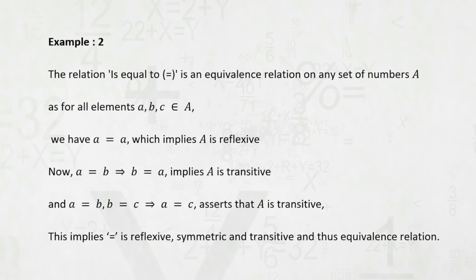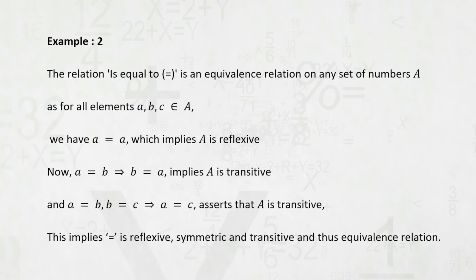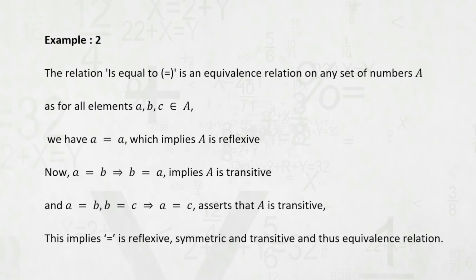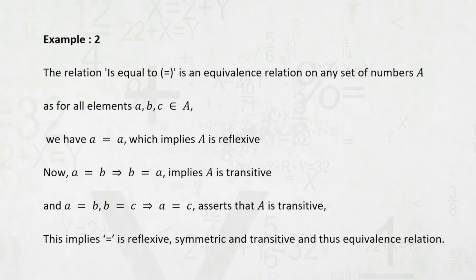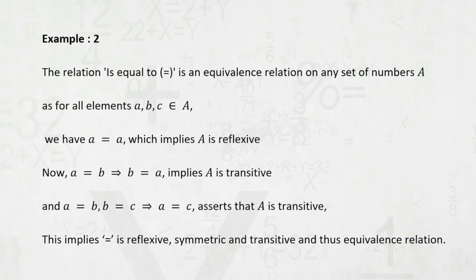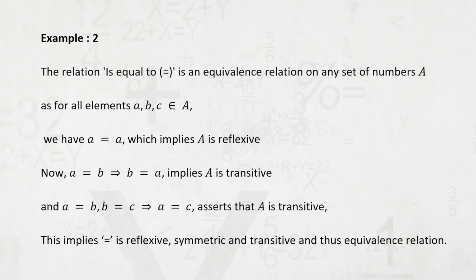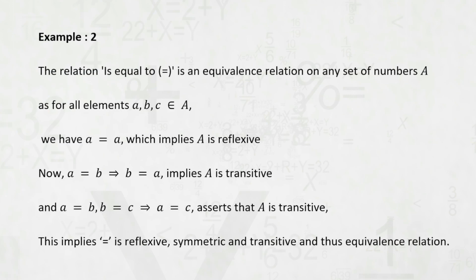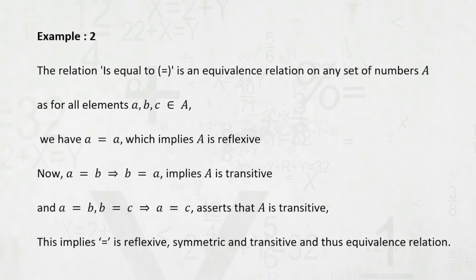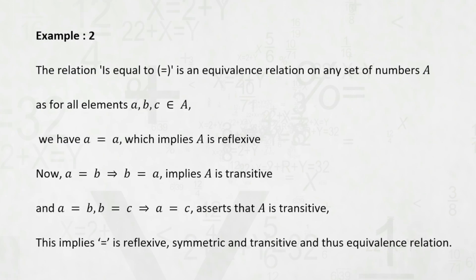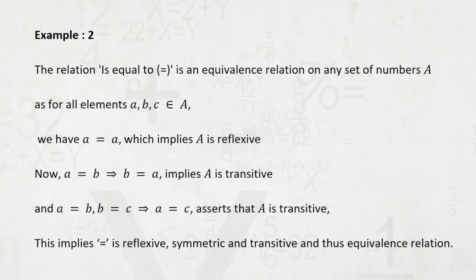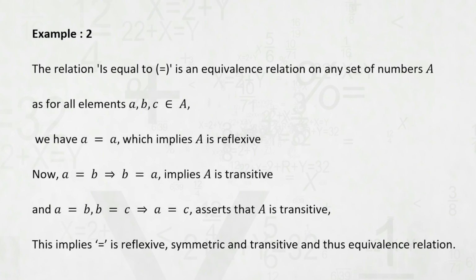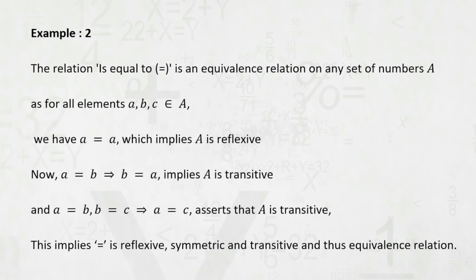Now, a is equal to b implies b is equal to a, implies it is symmetric, and a equals b and b equals c implies a is equal to c, asserts that it is transitive. This implies that equal to as a relation is reflexive, symmetric and transitive and thus is an equivalence relation.